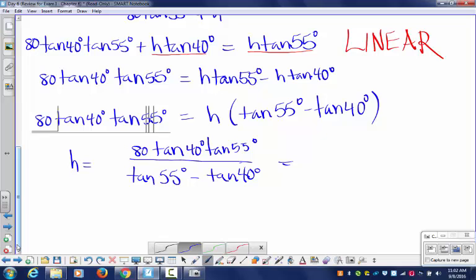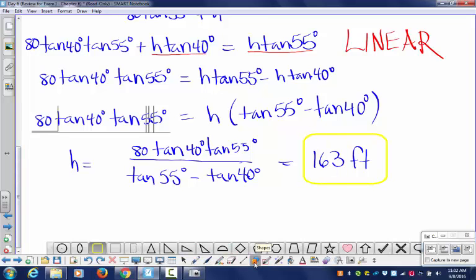Make sure you wrap your entire denominator. Nicely wrapped denominator. And to the nearest foot, I'm getting 163. All right, so there we have it. 163.